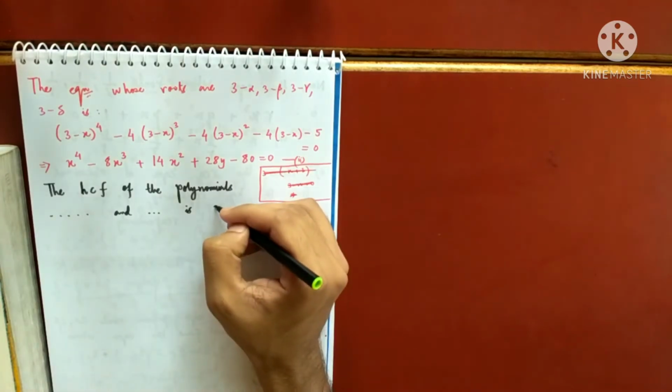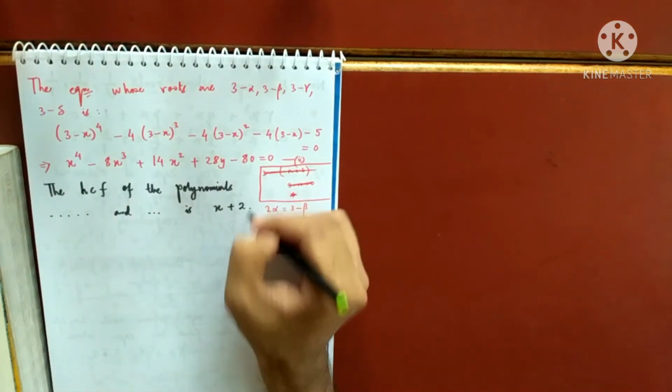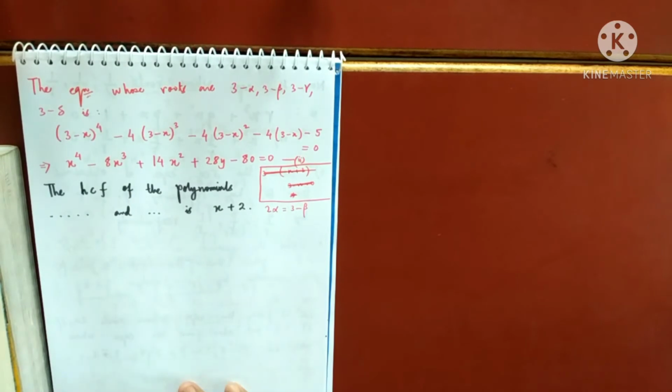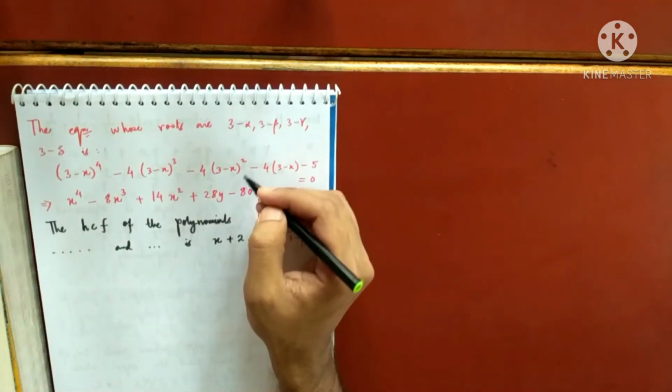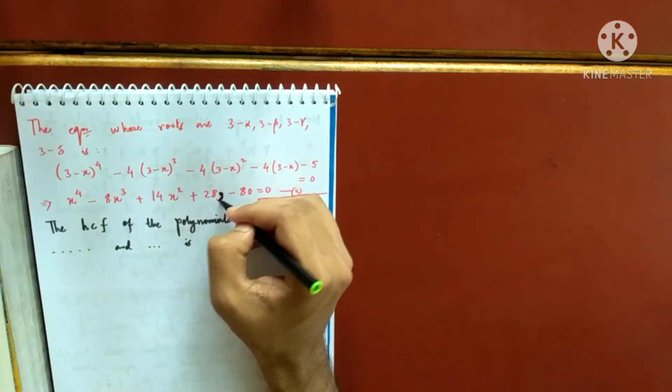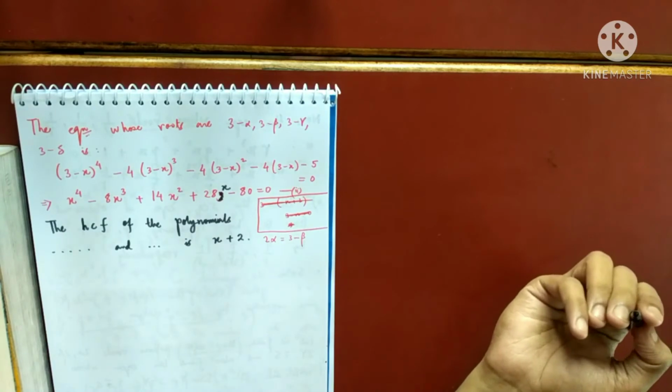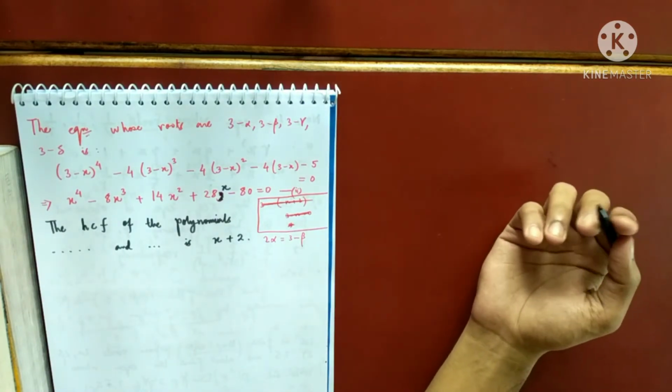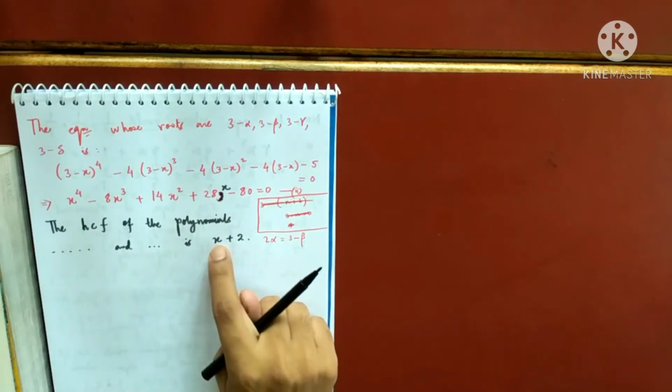The HCF will come as x plus 2. For sure, I have taught you how to find the HCF of polynomials. If you determine the HCF, oh sorry, I got confused. Yeah. The HCF will be this.